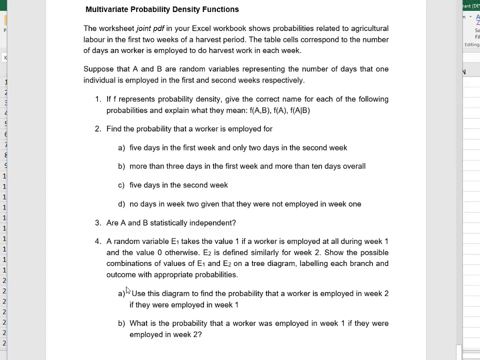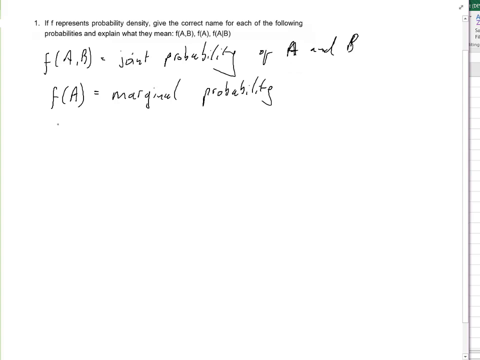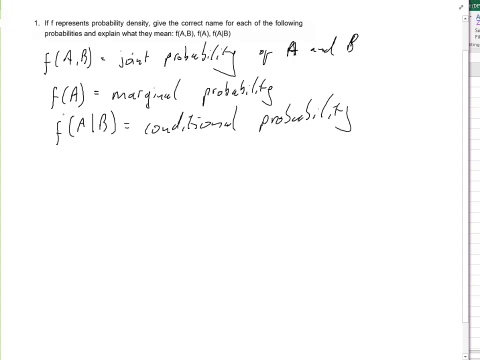So that's called marginal probability, and the last one is the one that you do know. A given B is the conditional probability. So you've got the joint probability, the marginal probability, the conditional probability.